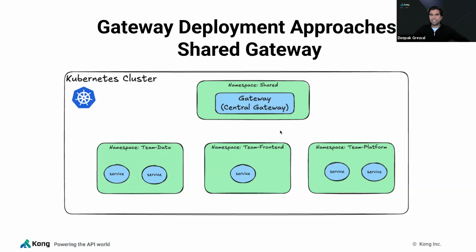And then we have a shared gateway deployed here. The thinking behind this is that the infrastructure operator or the cluster managers would deploy and manage the central gateway, and then the respective teams would just be defining their own routes. Again, this is using the Gateway API structure.